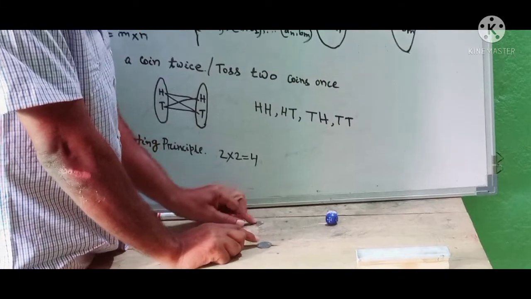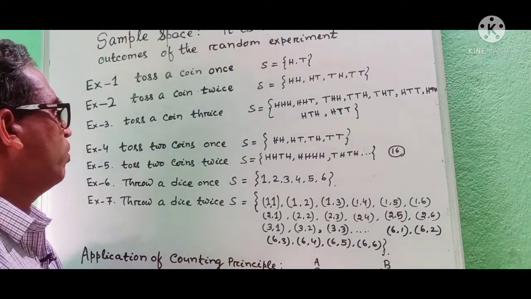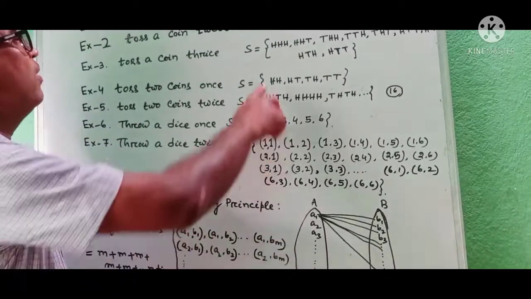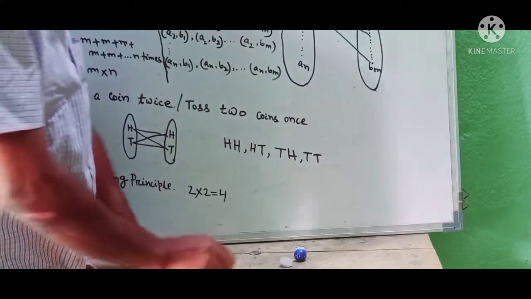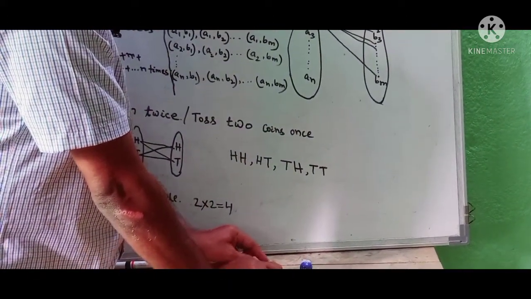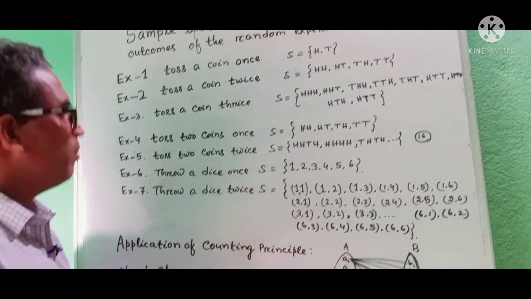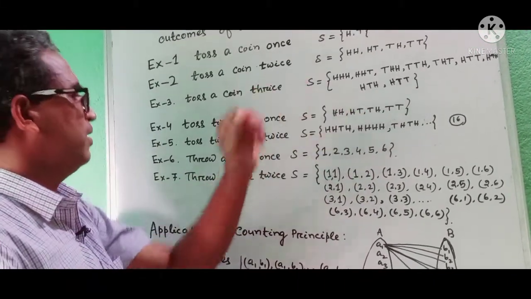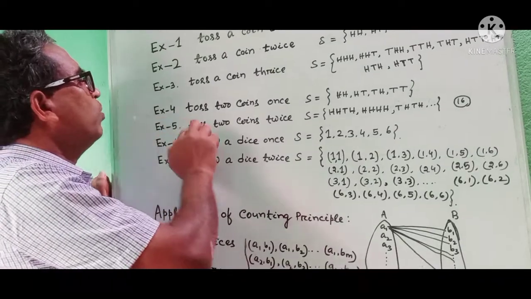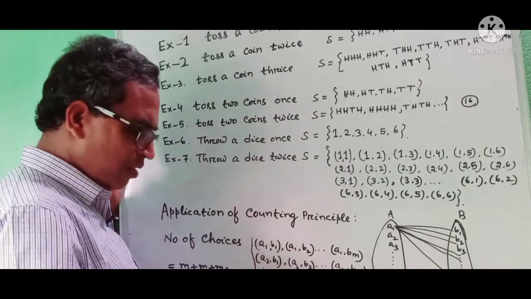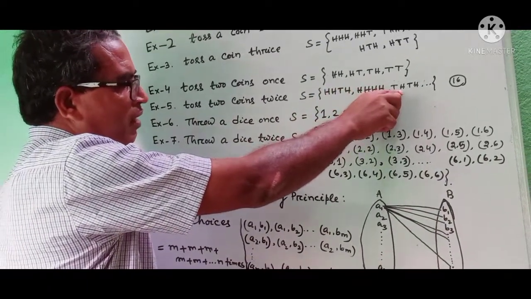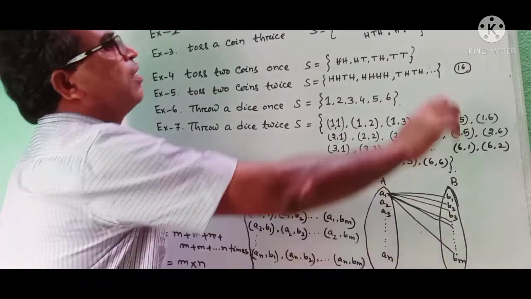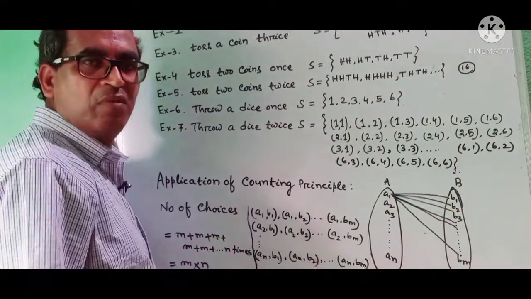I got head, then I got tail. Similarly, you can get HT and TH. Then example 5: toss 2 coins twice. You will get HHTH, HHHH, like this. A total of 16 elements you will get.